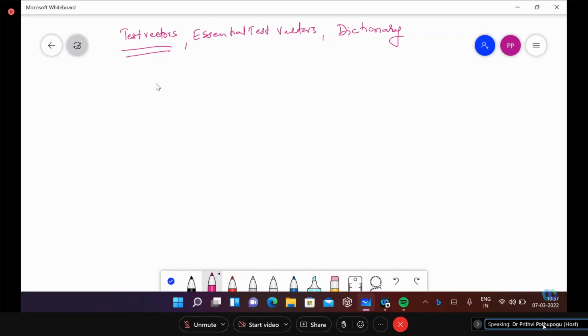What is a test vector? A switching function having some set of inputs. 2 power 4 is the combination of inputs. For how many inputs is the system found, while testing, to have some error? If for 2 power 4 combinations your design is working wrongly, it means your design is a flop.